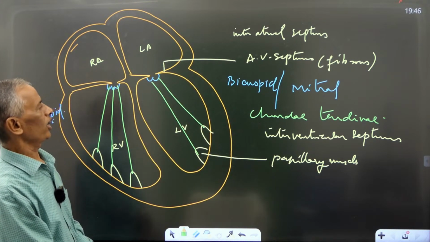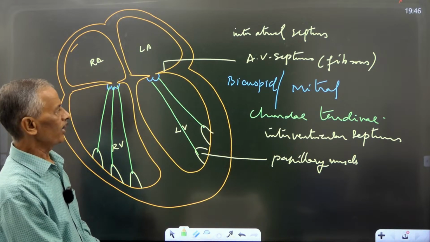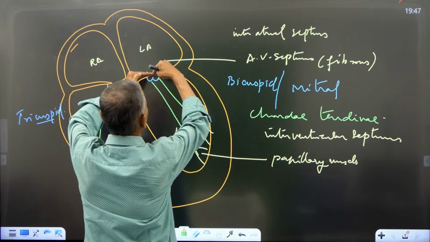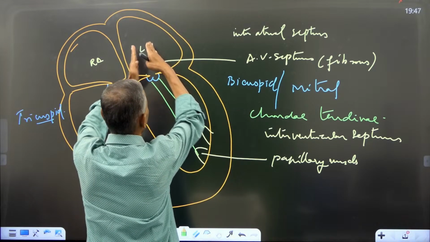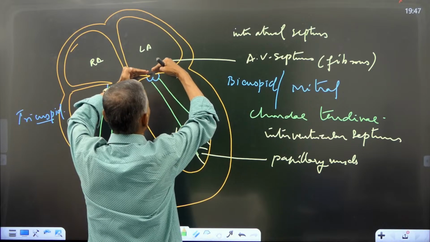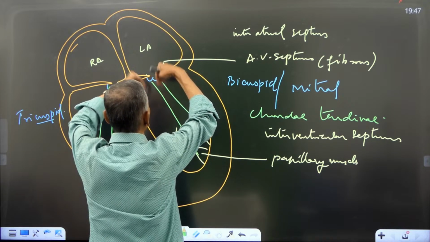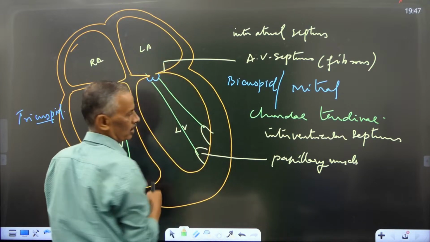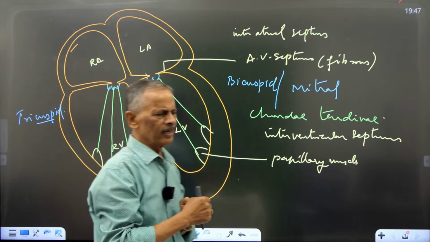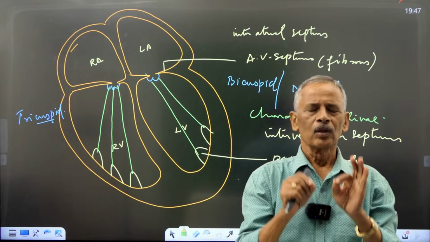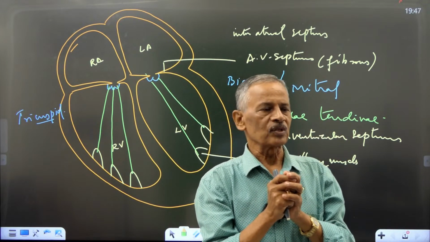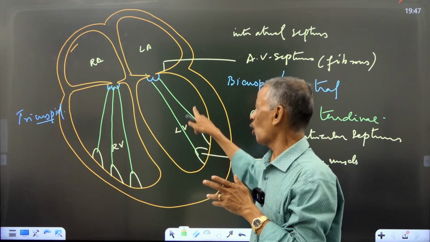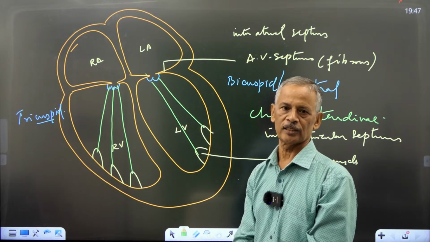What is the function of chordae tendineae? Chordae tendineae prevent the movement of these flaps into the atria. The flaps of these valves should always open only into the ventricle, never into the atrium. Chordae tendineae are there to prevent the opening of the flaps into the atria.